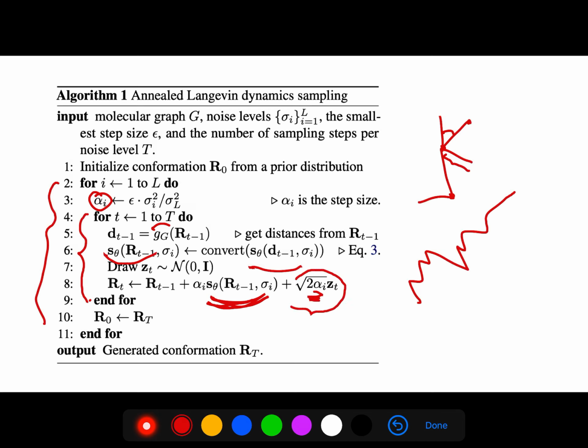So you have a different magnitude for the final noise that you add in the sampling process, so they are separate. For different noise levels you have different scores, and when you update it you have different conformations. So then we have the generated conformation at the final time.